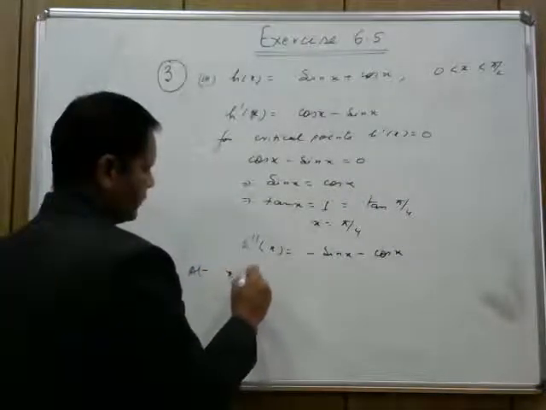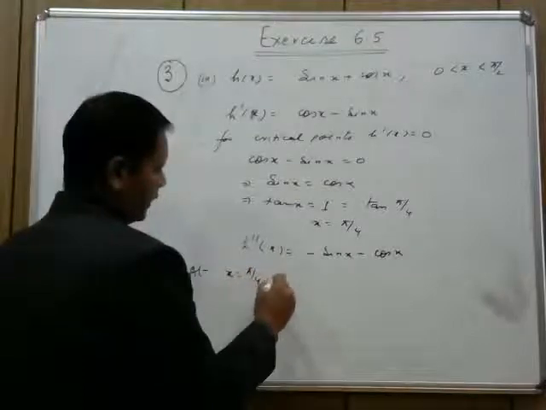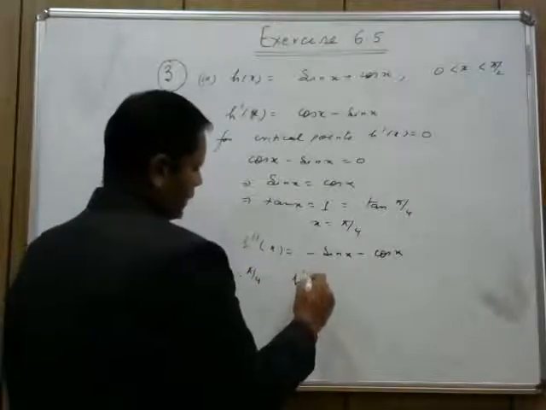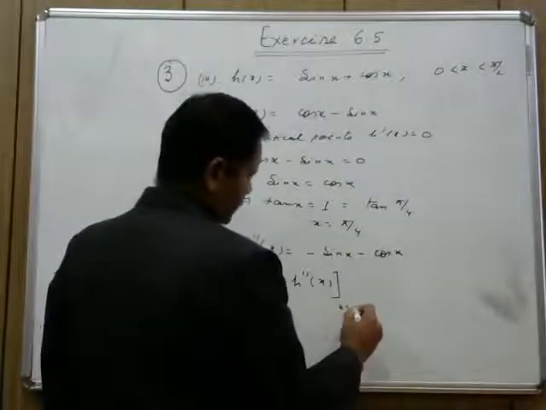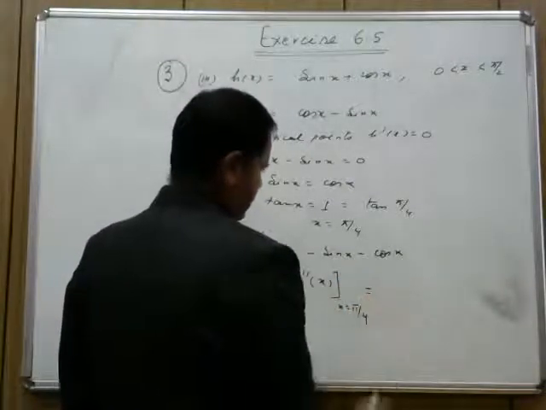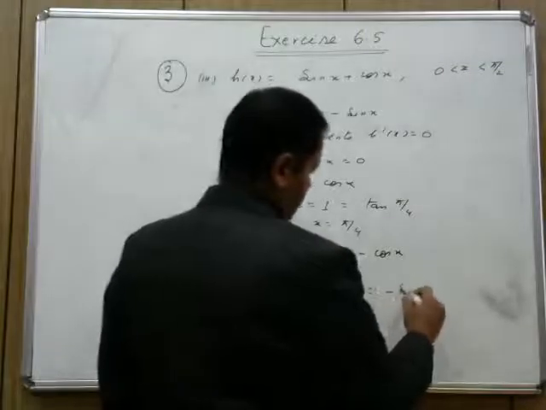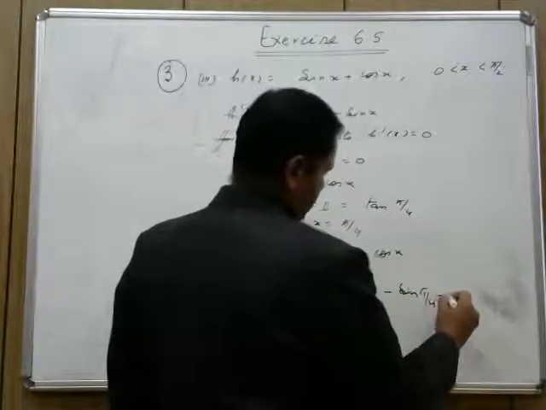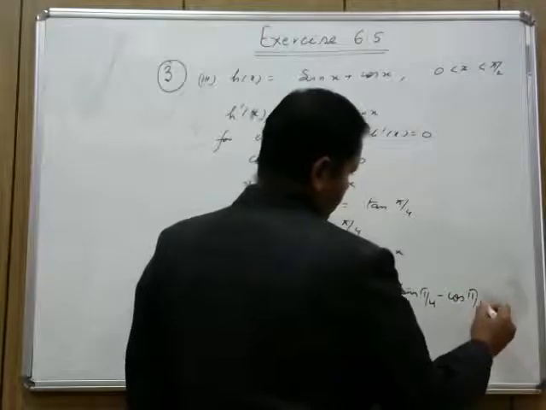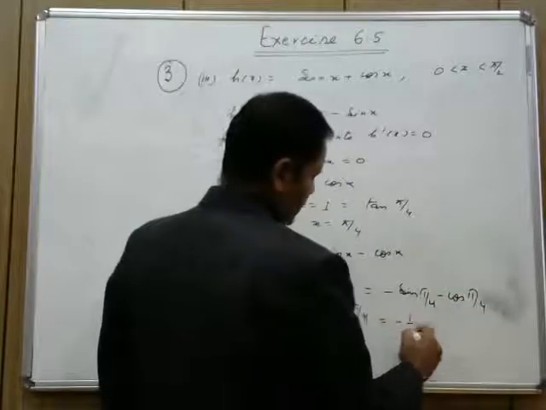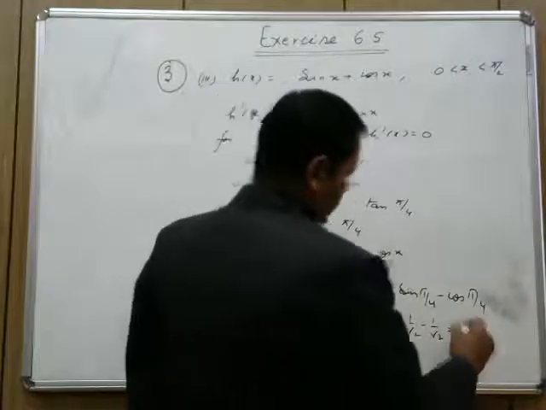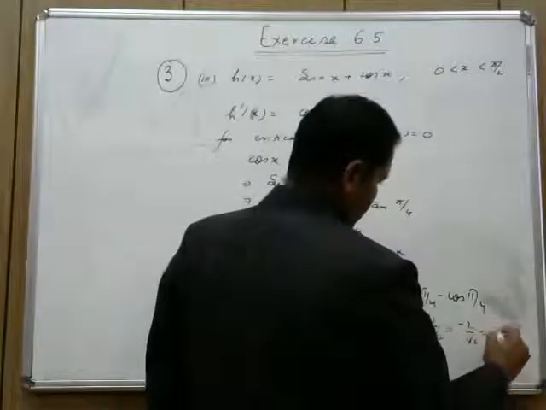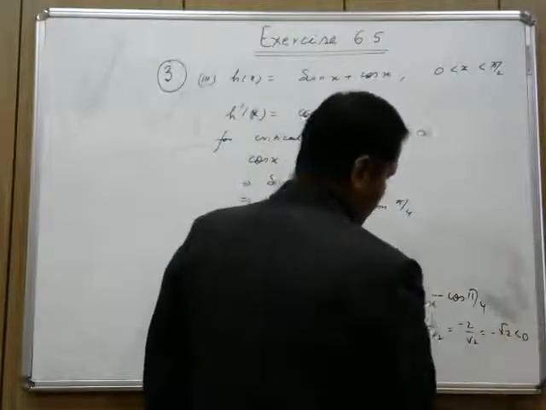At x is equal to pi by 4, h double dash is equal to minus sin pi by 4 minus cos pi by 4, that is minus 1 by root 2 minus 1 by root 2, minus 2 by root 2, and that is equal to minus root 2, which is less than 0.